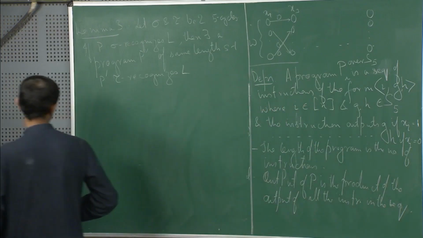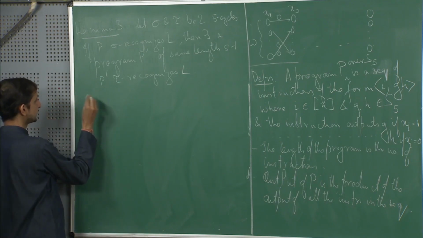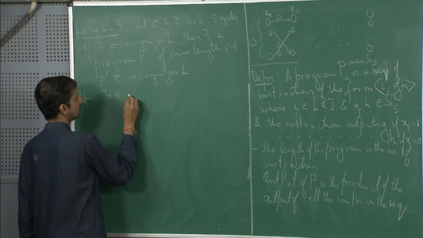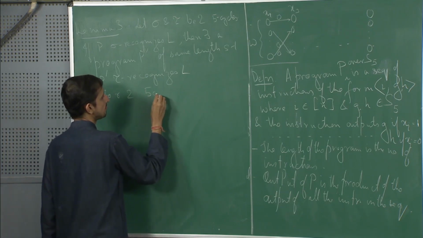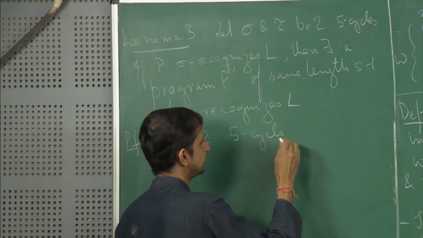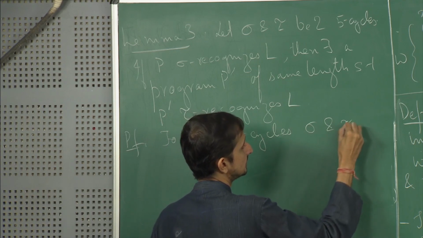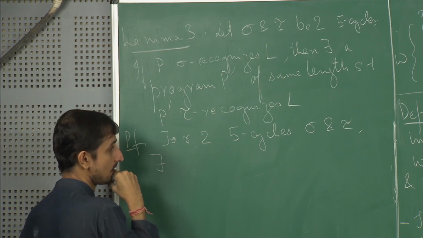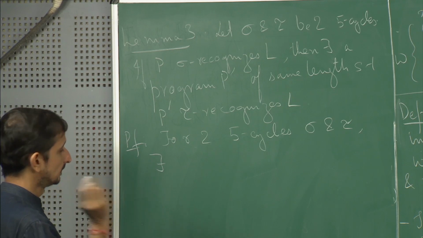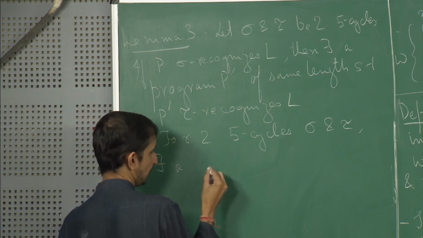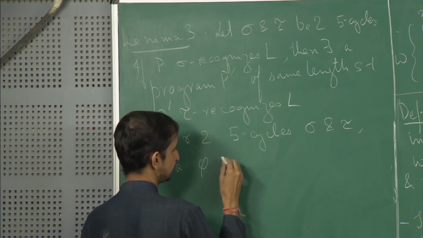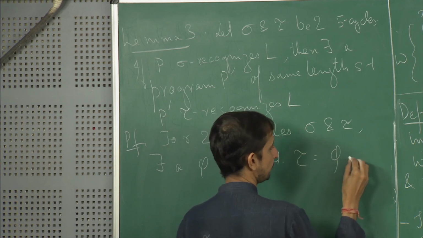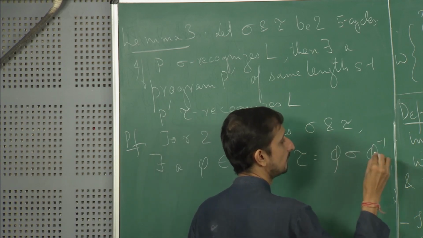This gives me the flexibility, and it just follows from a simple observation: for 2 5 cycles sigma and tau, there exists a permutation, need not be a 5 cycle, permutation phi in S5 such that tau is equal to phi sigma phi inverse.